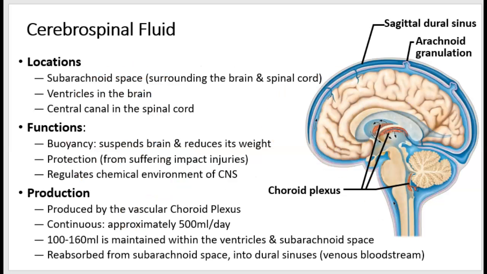The cerebral spinal fluid in the subarachnoid space provides protection and buoyancy, as I mentioned. It also provides an ideal chemical environment for the brain and the spinal cord. However, CSF is continually produced within the 4 ventricles by vascular structures called the choroid plexus, and the rate of its production is about 500 mL per day, but only 100 to 160 mL can be maintained within the ventricles and the subarachnoid space at any one time.